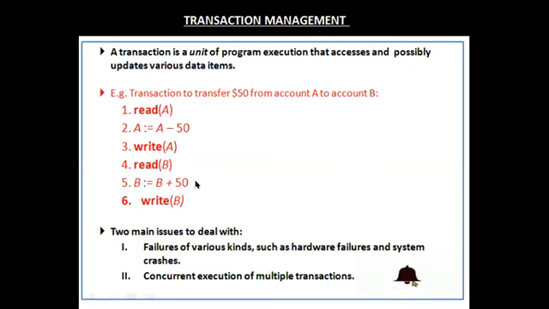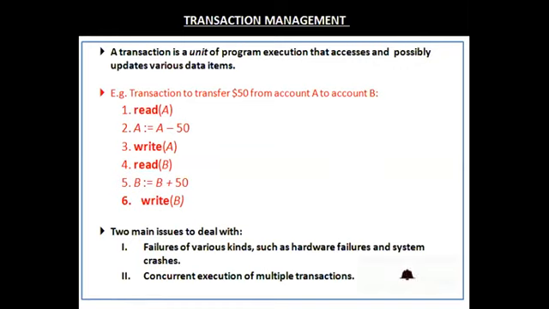For that purpose, B is equal to B plus 50. This step he has to follow. The last step, in account B, is the write B operation: whether the amount is updated or not in B. That's the purpose of the write B operation.